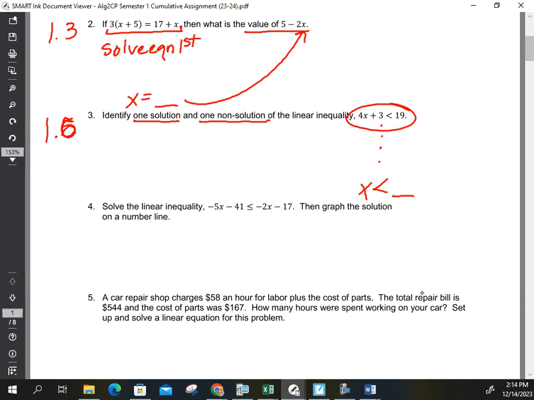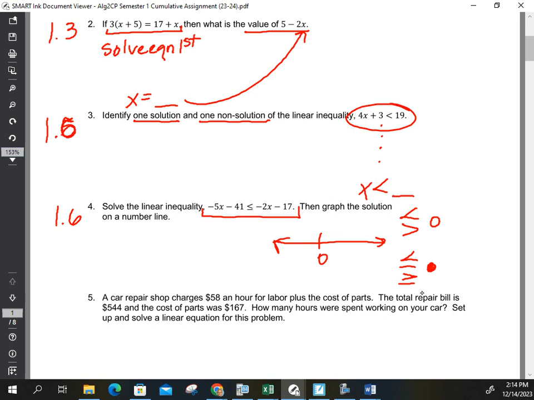Bless you. Problem 4, also 1.6. Solve the inequality, then put the solution on a number line. So remember your rules for number lines. You put your answer on the number line. If you have a less than or a greater than symbol, you put an open circle. Less than or equal to, greater than or equal to, closed circle.